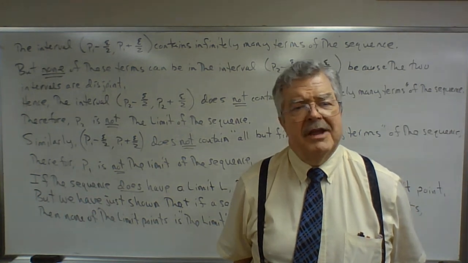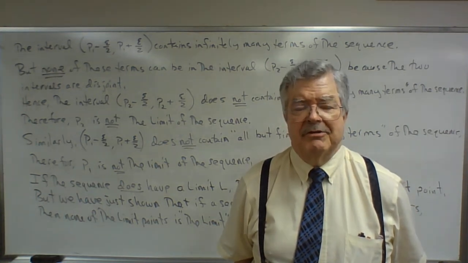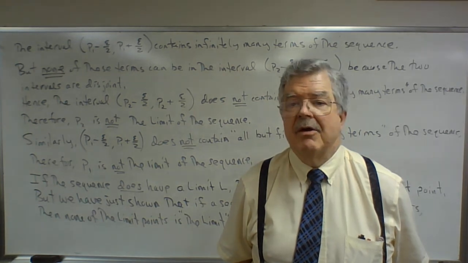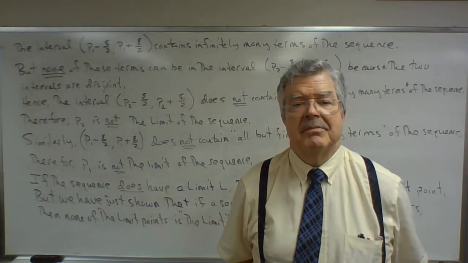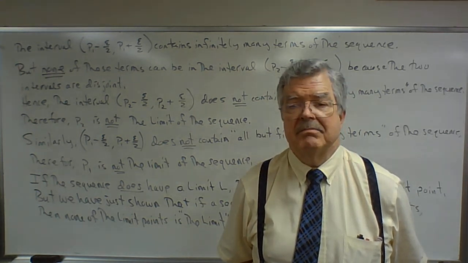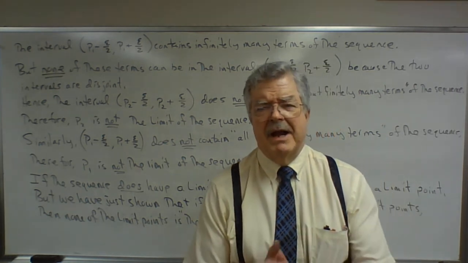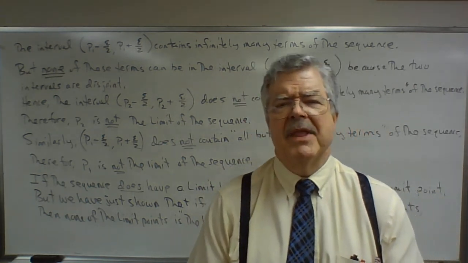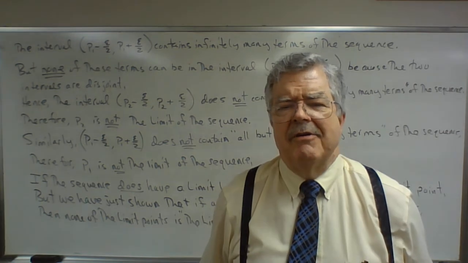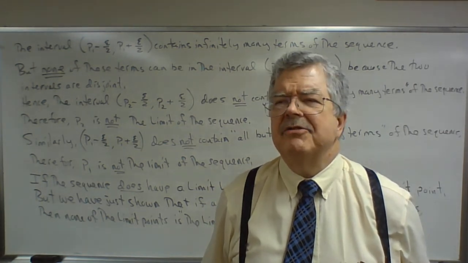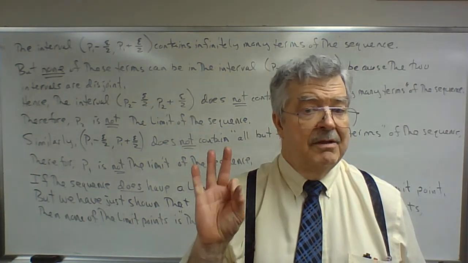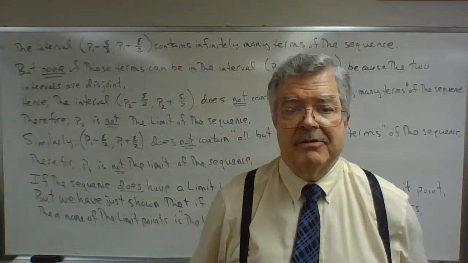Could a sequence have more than two limit points? Maybe 3 or 4 or 5 or 6 or 7? Think about it. Play around with the idea. Just to start off with, see if you can create a sequence that has 3 distinct limit points.